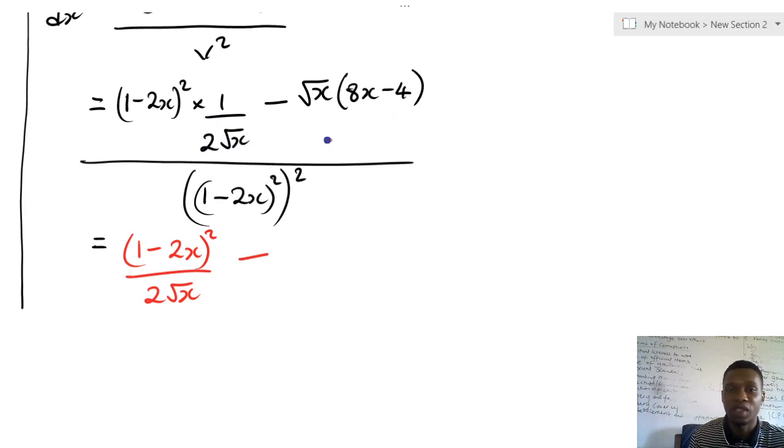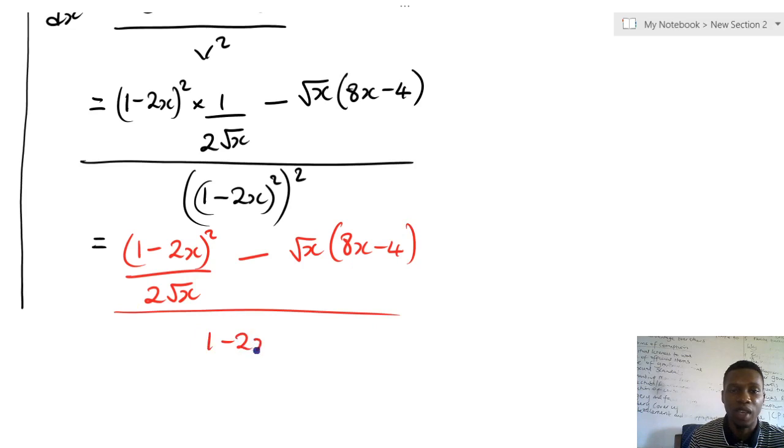It doesn't even need to come down. This one we have to flip up. So we have root x bracket 8x minus 4 over (1 minus 2x) raised to the power of 4. 2 times 2 is 4.